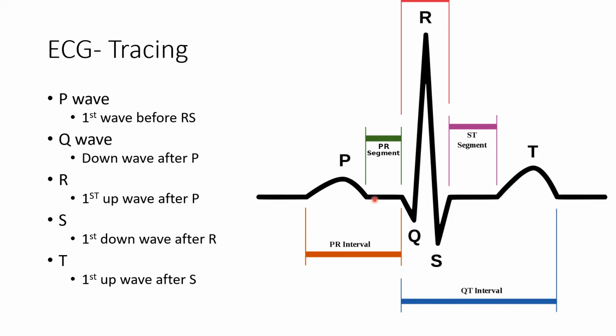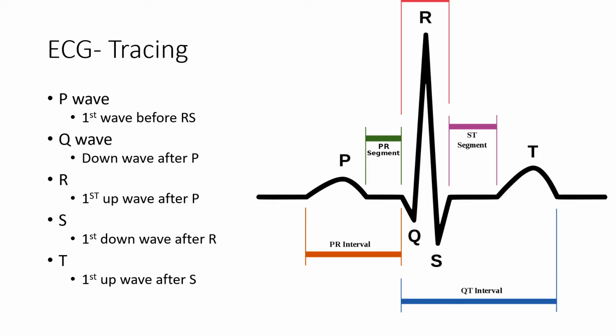We have a Q wave, which is the first downstroke that occurs after a P wave. The R wave is defined as the first upstroke after a P wave, and the S wave is defined as the first downstroke after an R wave. Finally, we have the T wave, which is the first up wave after an S wave.